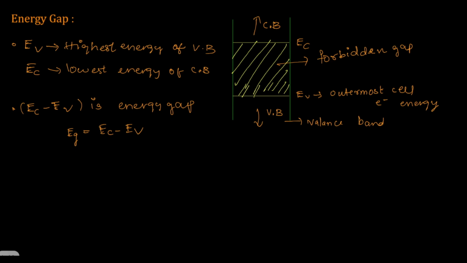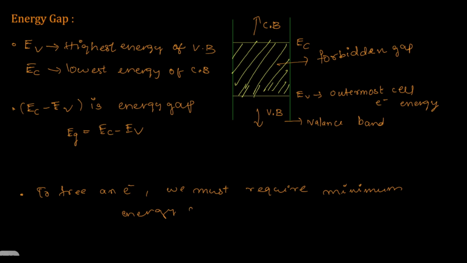So what we can understand here is that to free an electron, we must require minimum energy equal to Eg.